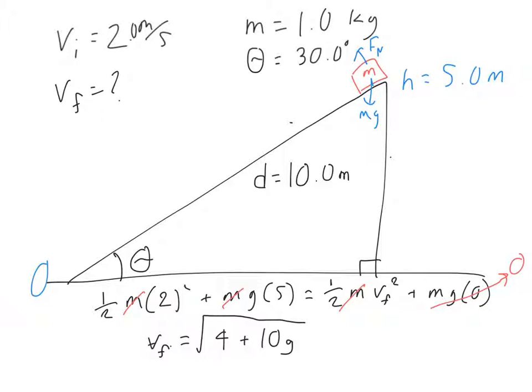A little bit of rearrangement, and I find I can get the final velocity in this form, and plugging in 9.8 for my acceleration due to gravity, that is g, I will get 7.3 meters per second.